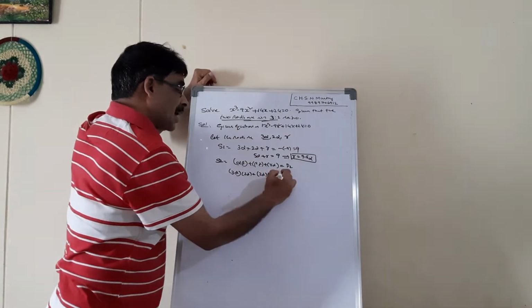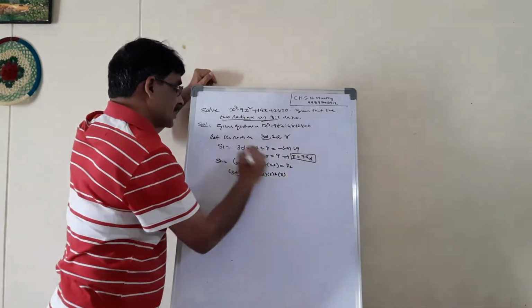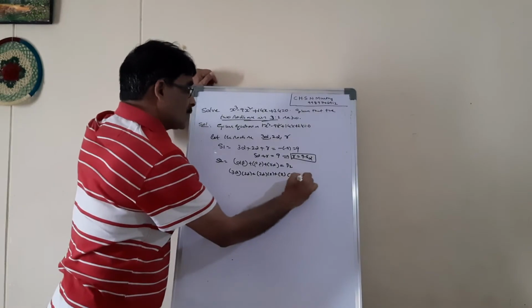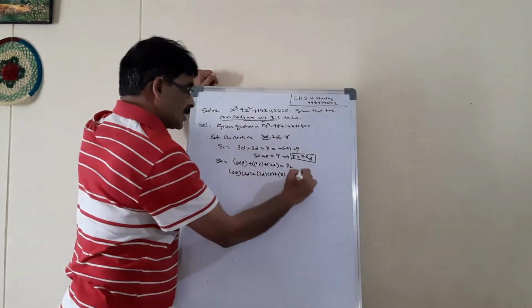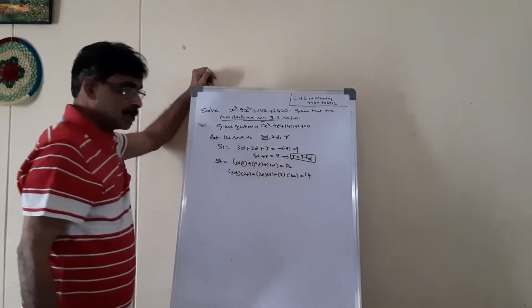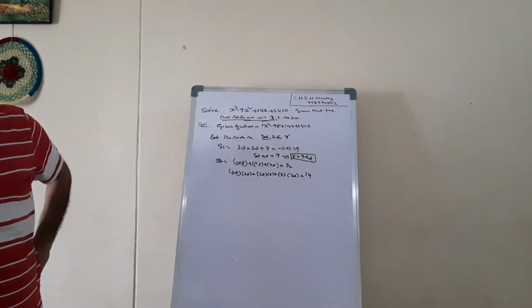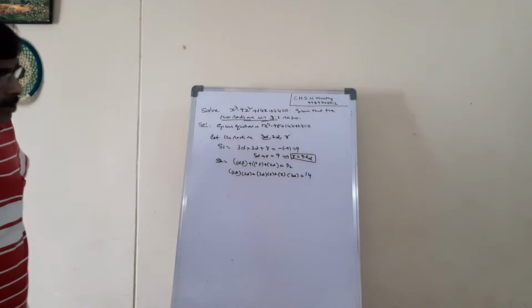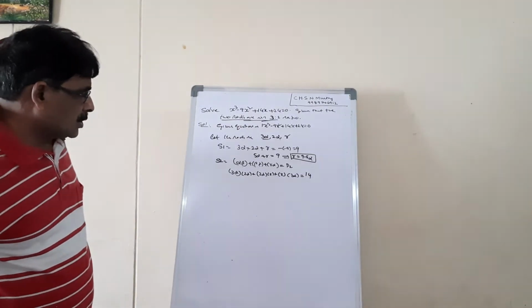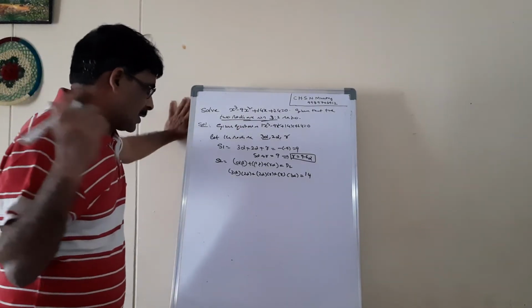So 3 alpha, 2 alpha, gamma, and P2 means 14. Once you go to the problem, alpha beta plus beta gamma plus gamma alpha equals P2, with 3 alpha, 2 alpha, okay.